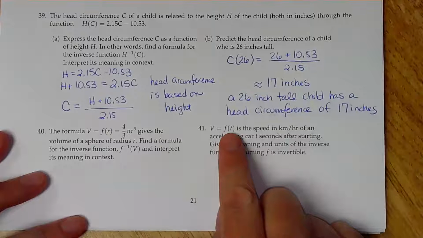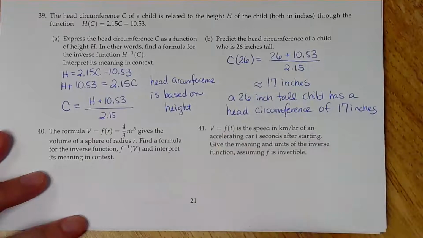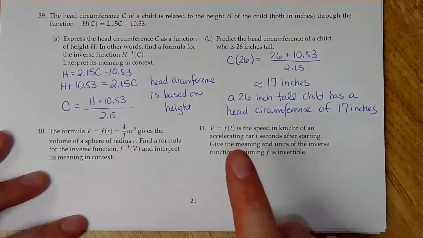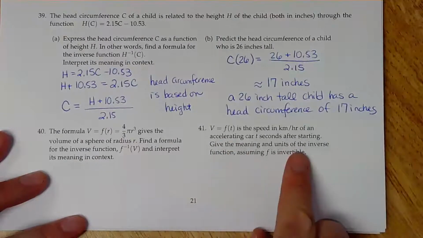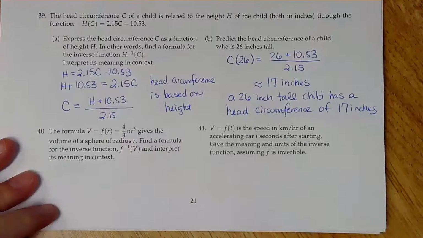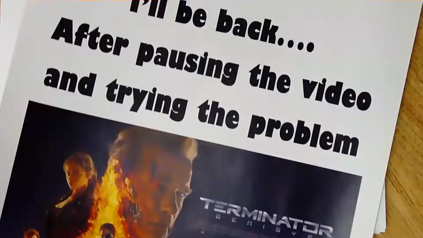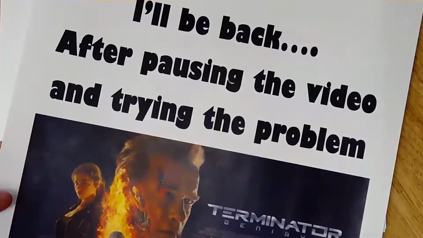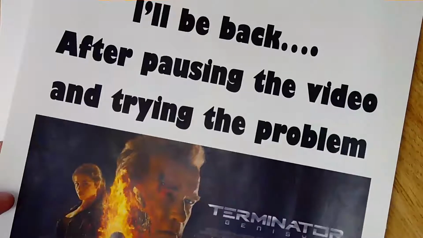It's just v is equal to f of t, relating the speed and time of a moving car. In 41, you're just going to give the interpretation in context of what that inverse function will look like, and what units it's measured in. All right, so go ahead and pause the video, and we'll be back one last time to take a look at those answers.